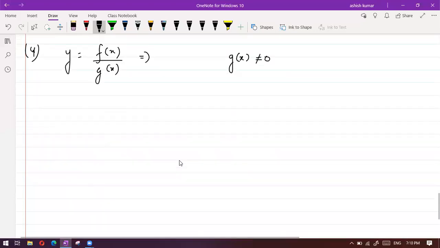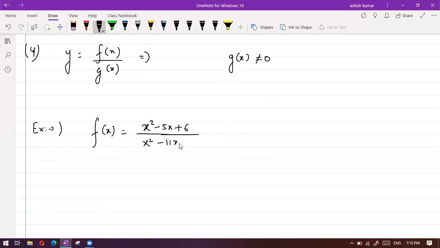Let's understand this question. Suppose an example is written here. First we'll see some questions of domain only, then we'll mix domain and range. Suppose it is written here x square minus 5x plus 6, and the denominator is x square minus 11x plus 30.